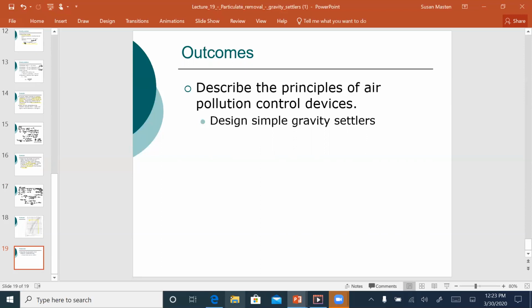Any questions about gravity settling? The office hours are at 1 o'clock. We end at 1:30. For some reason, my tablet is an hour behind, but yes, we'll have office hours in about a half an hour.